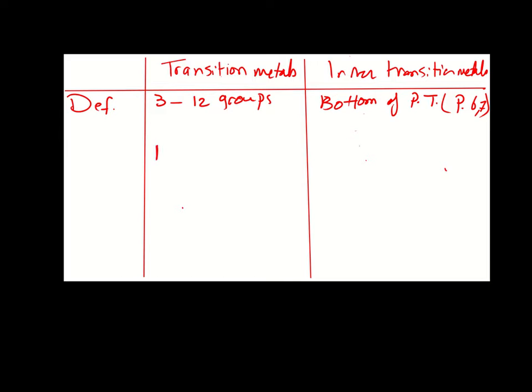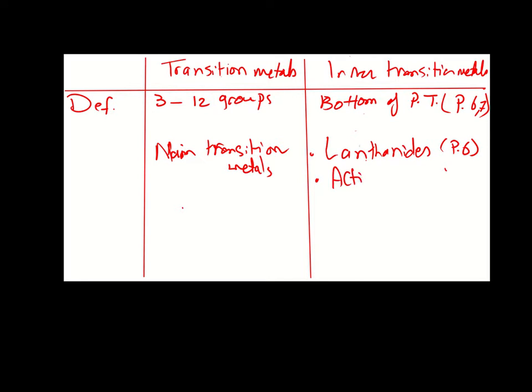Those elements, we call main transition metals, while the inner transition elements, we divide into 2 groups: lanthanides that occupy period 6 and actinides that are located in period 7.